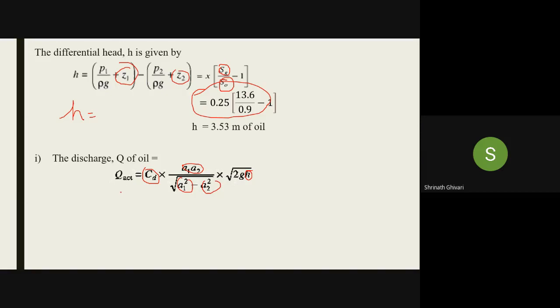Substitute the value of Cd as 0.98, the areas A1 and A2 you have found out, into square root of 2g times 3.53. Tell me the answer for Q actual.